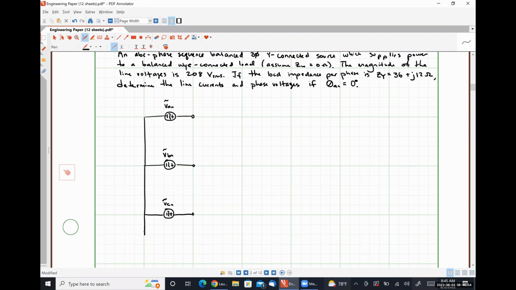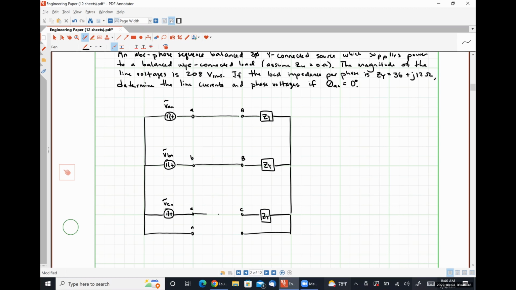And just for the sake of argument, I'm going to throw in a neutral. Doesn't particularly need to be here, but just for completeness' sake, I have my load on the right-hand side. And I know that my source is connected to my load through a transmission line network made up of short circuits.